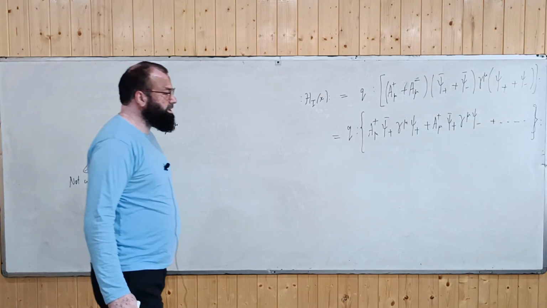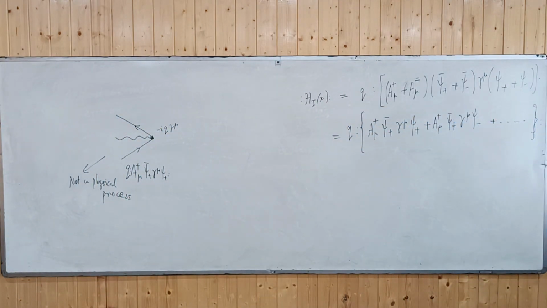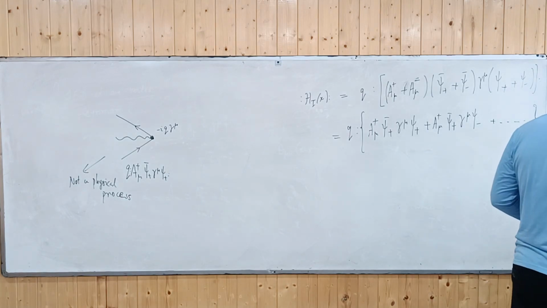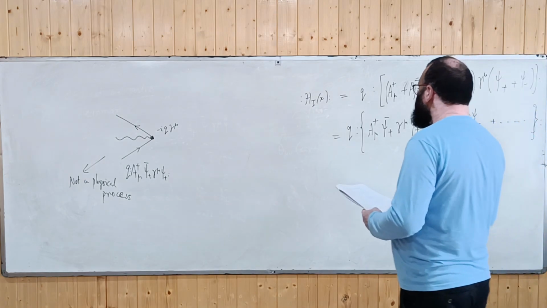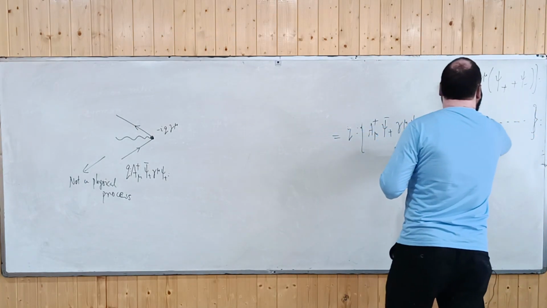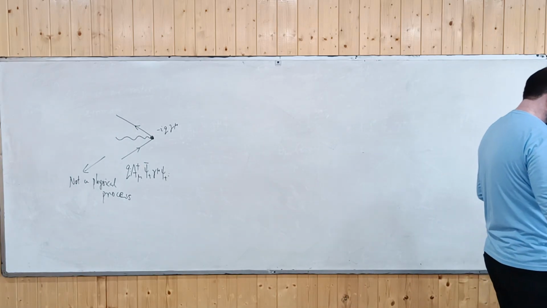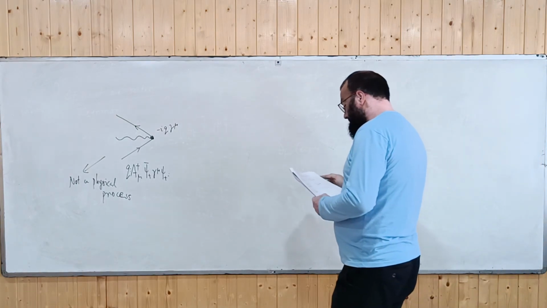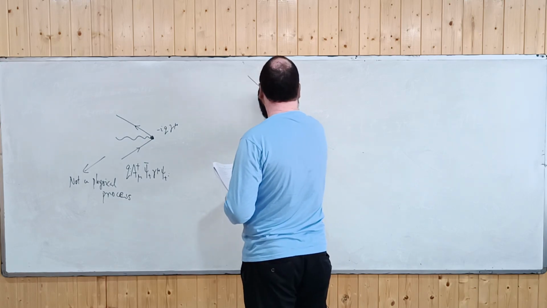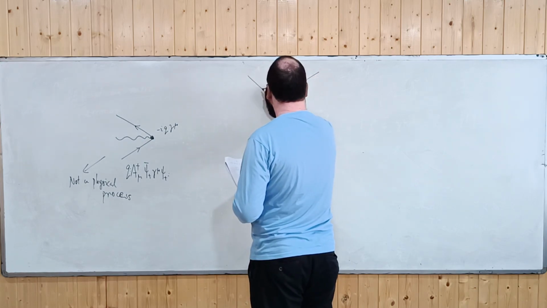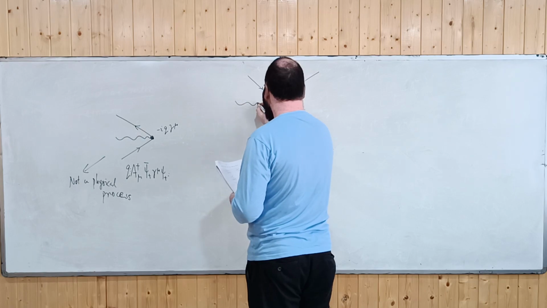Okay, so let's draw all the possible diagrams. Then we'll see what's happening. So I'll be having this kind of diagram, an initial photon.